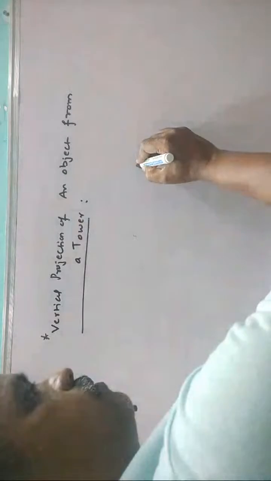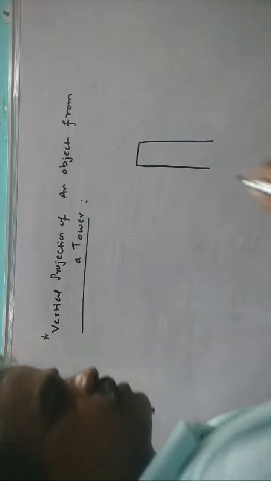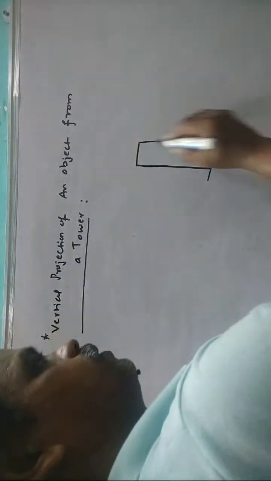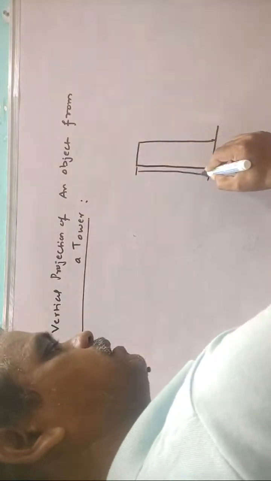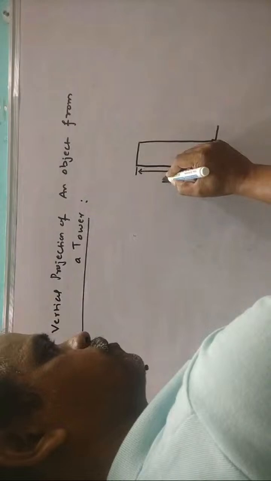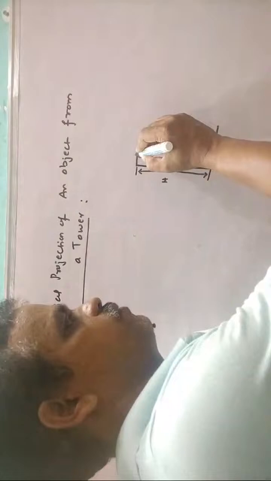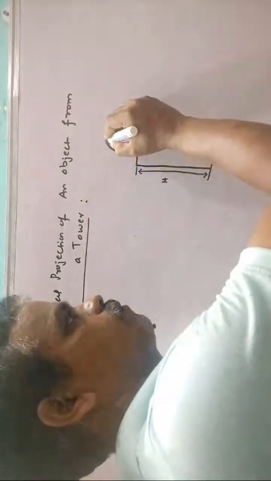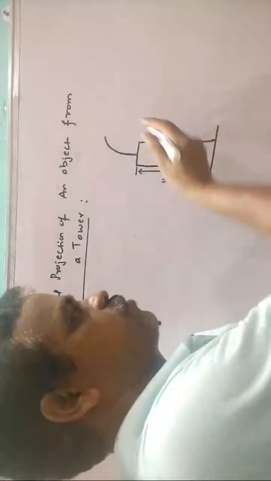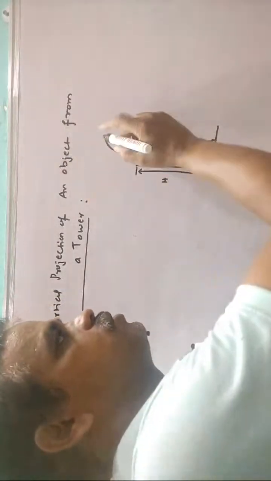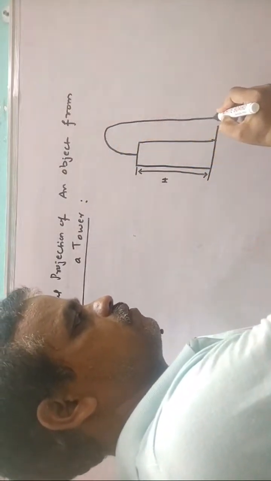For example, is it visible? This is the tower. Let the tower height be h. If we project vertically up, standing here, with one body with velocity u, it will go up and then reach the ground.